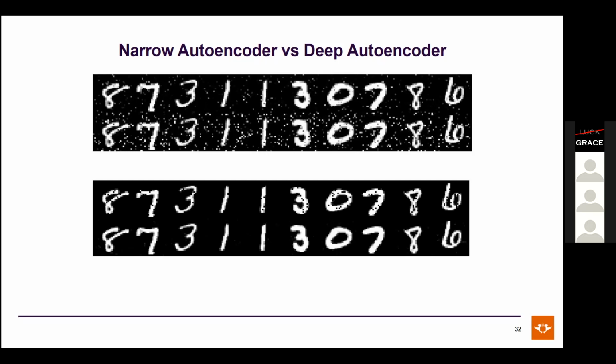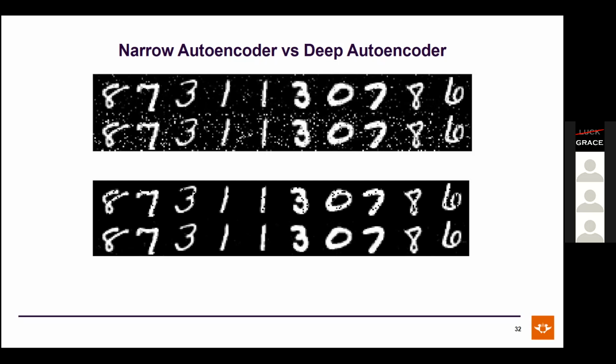Now the top one is narrow plus particle swarm optimization. It did a better job than the bottom row, but still it looks a lot different from a deep autoencoder with a swarm intelligence algorithm.